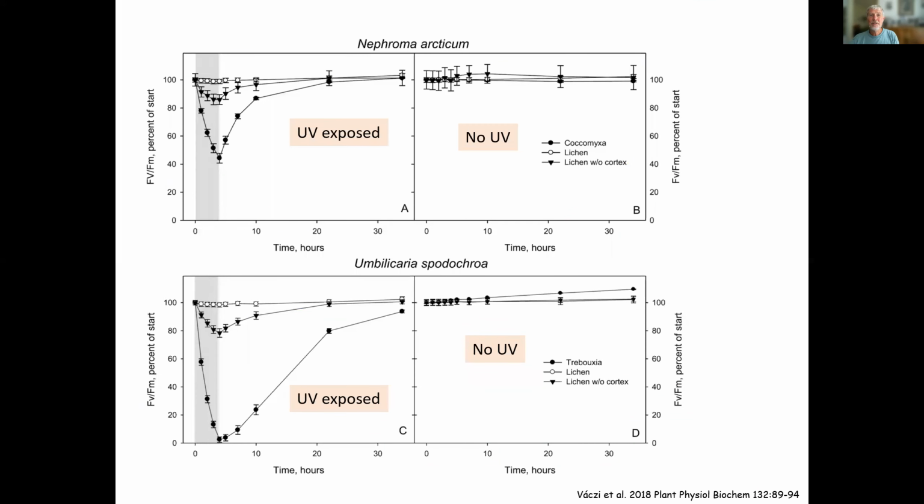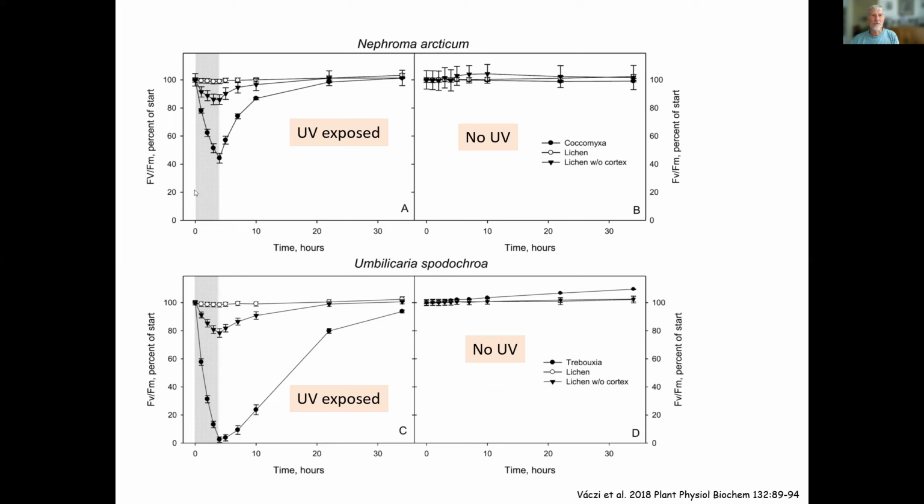In another experiment with Nephroma arcticum and Umbilicaria podocarpa, we exposed either intact lichens, lichens without upper cortex, or isolated photobionts. It was Coccomyxa in Nephroma and Trebouxia in Umbilicaria.